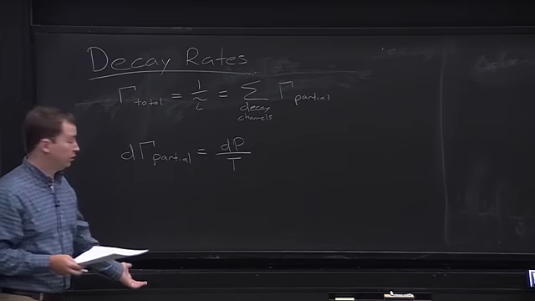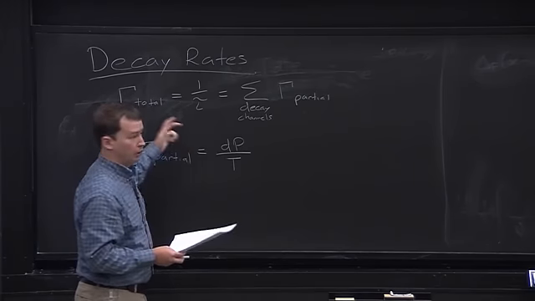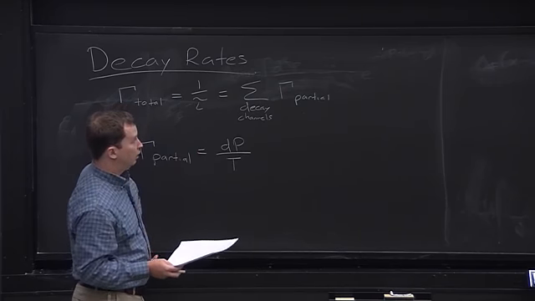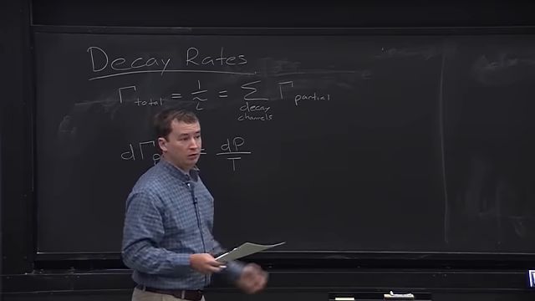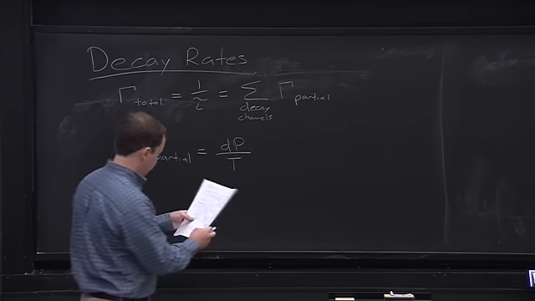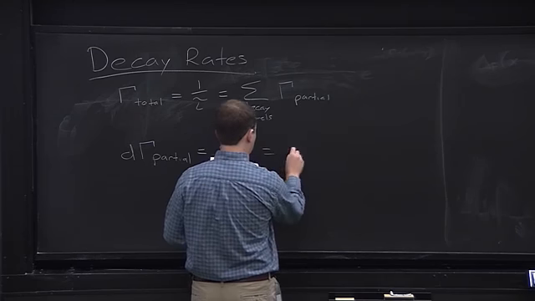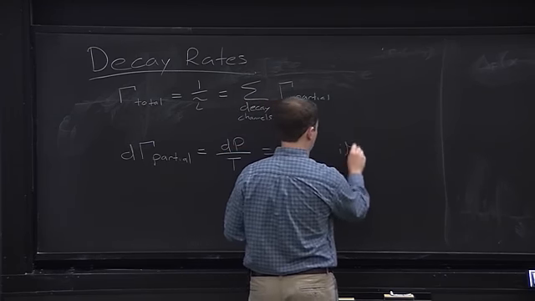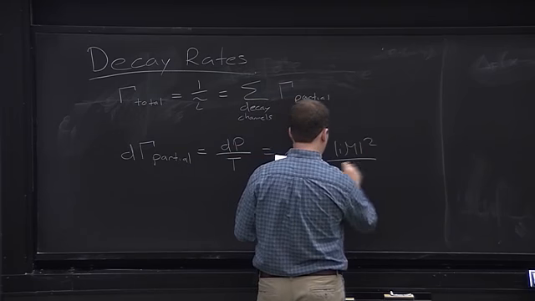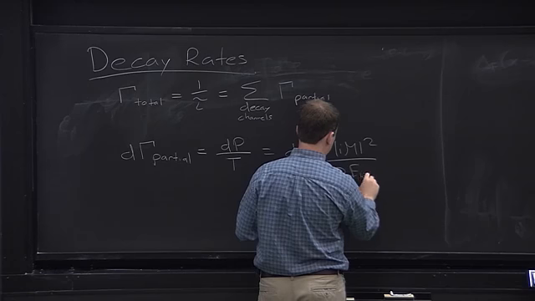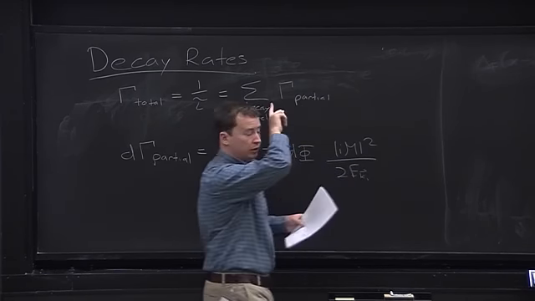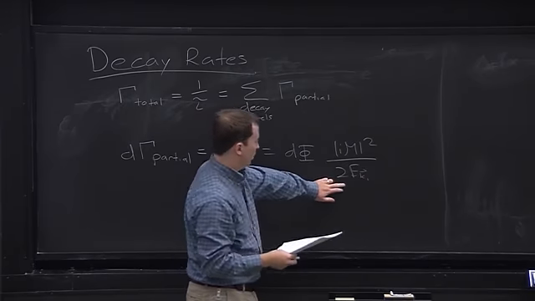Really, the only thing that changes in that calculation is that for a decay, we only have one particle in the initial state, which means we'll only have one factor of 2E_k. For a cross-section we had one factor for each of the initial particles; for a decay rate, we have only one.